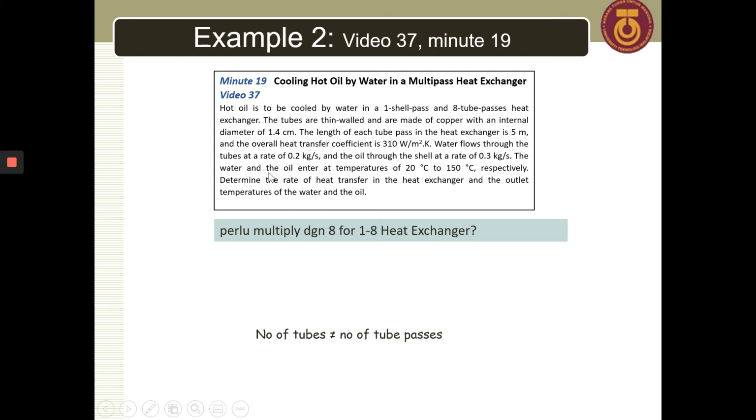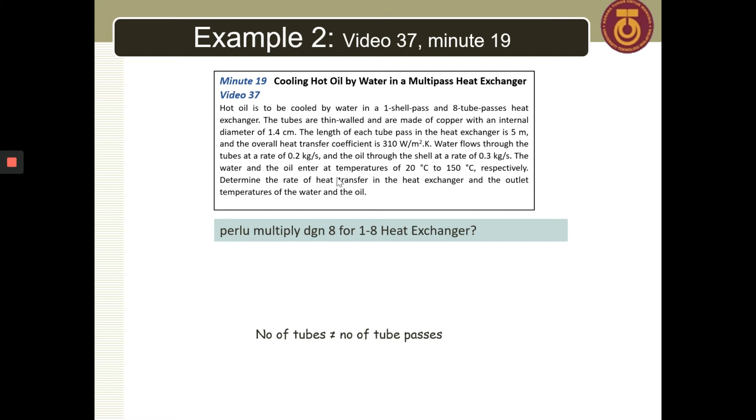The water and oil enter at temperatures of 20 and 150. So the inlet temperature for the cooling fluid is 20 and the inlet for the heating fluid is 150. Determine the rate of heat transfer in this heat exchanger as well as the outlet temperatures for both heating and cooling fluid. The outlet temperatures are not given, so clearly the easiest way is to use the NTU method.